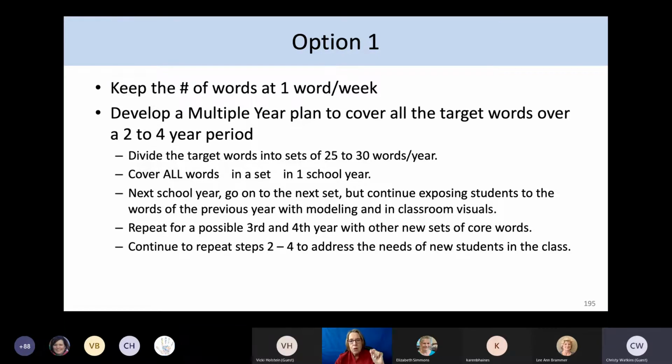So if they're going to do 1 word a week, they're probably going to cover in a school year approximately 25 to 30 words per year. Yet they had a big wall chart that they were hoping to cover 50 words eventually, that their benchmark of what they were hoping their kids would get to would be right around 50 words.